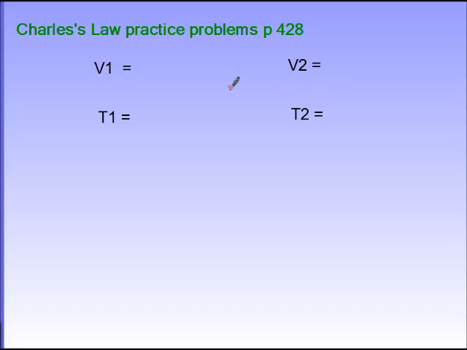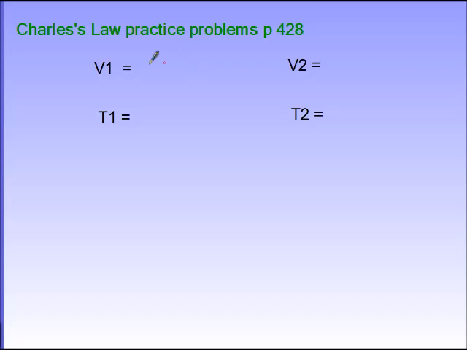So if I'm looking at page 428, question number 1 says that helium gas in a balloon occupies 2.5 liters at 300 Kelvin. The balloon is dipped into liquid nitrogen that's at a temperature of 80 Kelvin. What's the final volume of helium in the balloon when the temperature changes? So think about it. What are we going to do here?